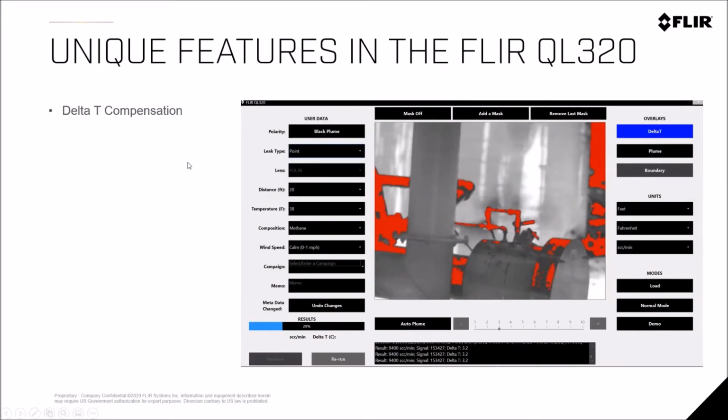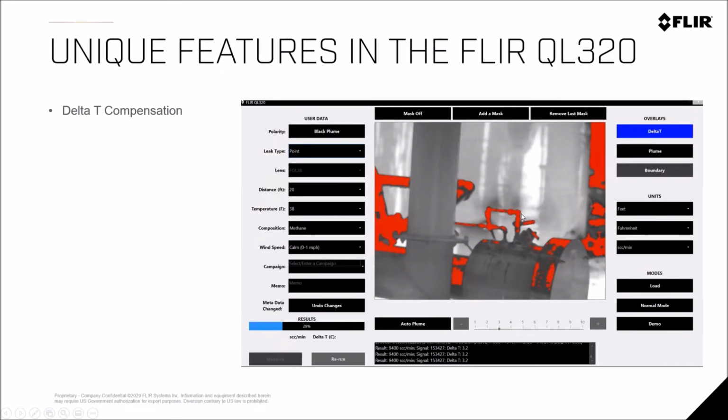To get into some of the unique features specifically, this is going to be your delta T compensation. You'll notice the red background right here. I'll show you in the tablet itself, this exact video, but you'll notice the red background.